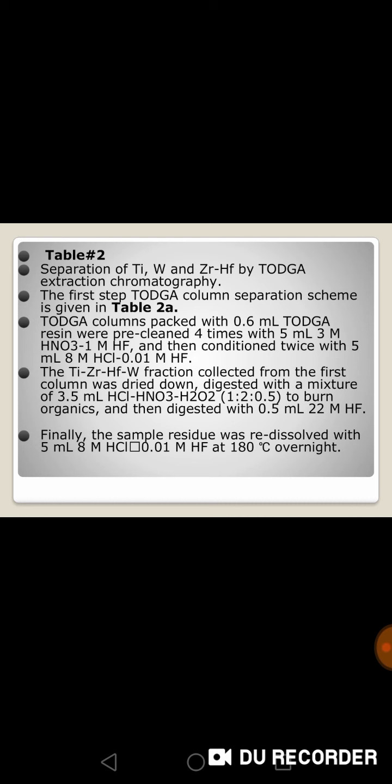The purpose of using this mixture is to destroy all the organic compounds, and then digest it with 0.5 ml 22 molar HF solution. At last the sample residue was redissolved with 5 ml 8 molar HCl and 0.01 molar HF at 180 degrees centigrade overnight. We have to heat it again at 180 degrees centigrade for 24 hours.